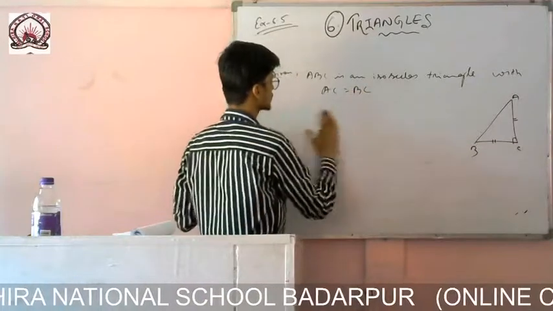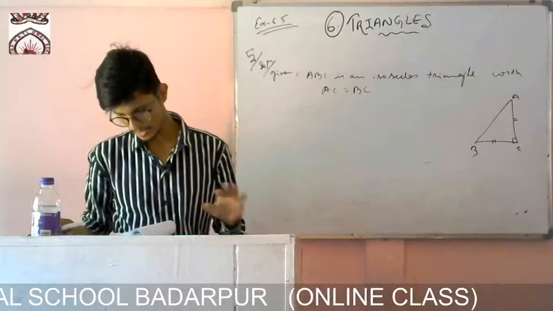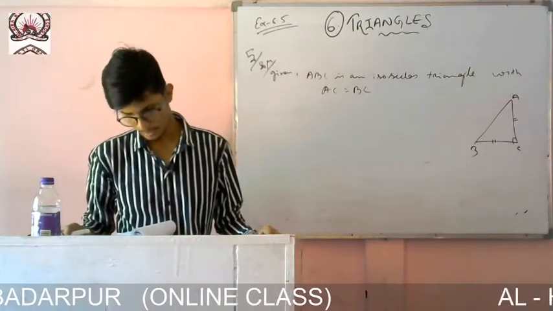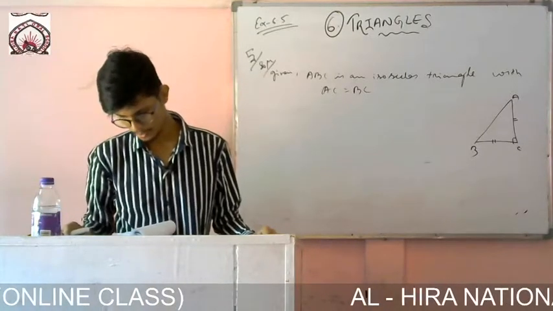It is given in question number 5 that ABC is an isosceles triangle with AC equals to BC. If AB square is equal to twice AC square, you have to prove that ABC is a right triangle.